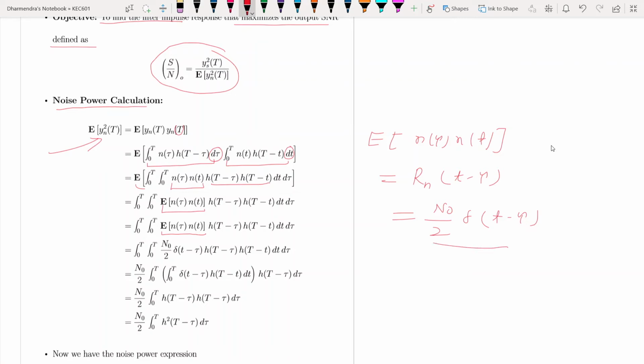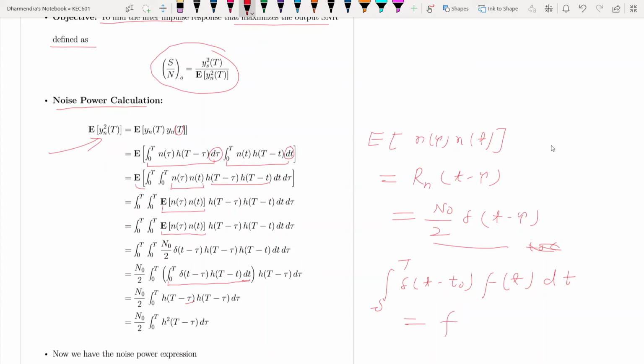I will substitute this, and now I will integrate with respect to t first. Using the Dirac delta, after integrating with respect to t, t will be replaced by tau, because if you integrate delta of t minus t naught with f of t dt from minus infinity to T, or 0 to T, the result will be f of t naught, because t naught is less than this.